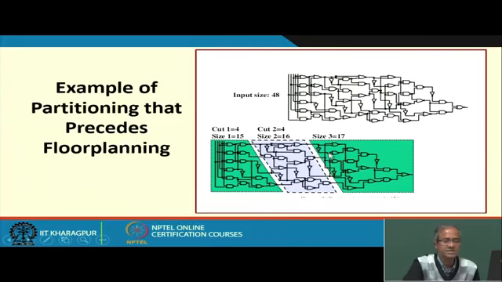So, we can say that this is a good partition. So, this partitioning can be done at any level. I talked about it at a very high level, in terms of chips, but you can do it at any level in fact. Okay. So, this partitioning is an important step typically before you go for placement or floor planning.